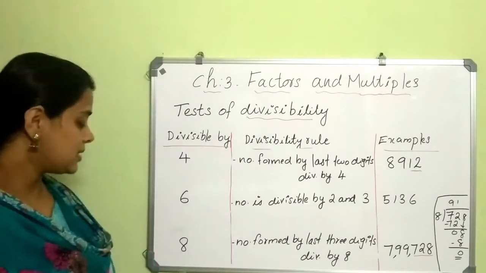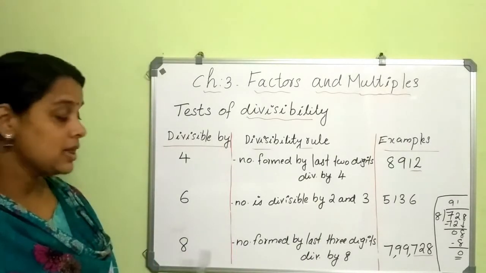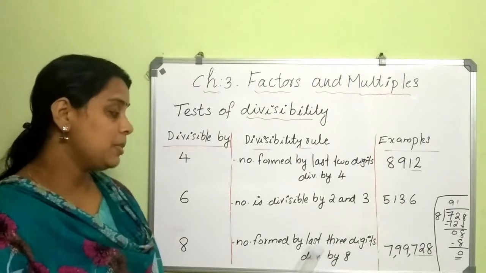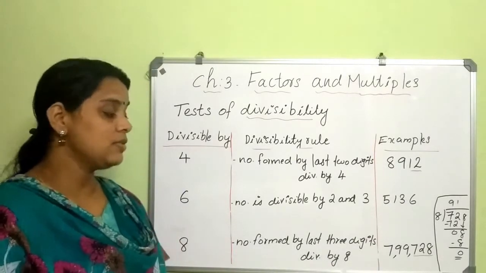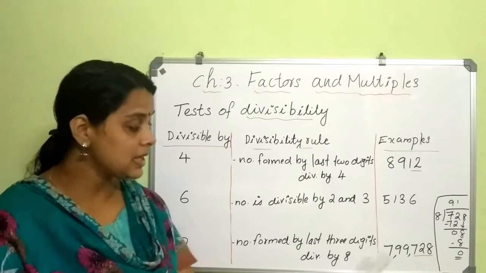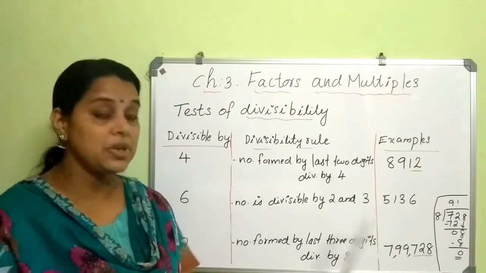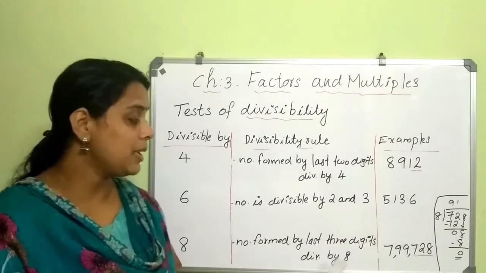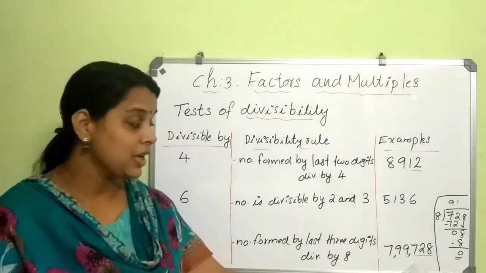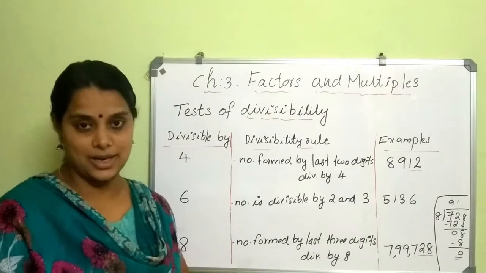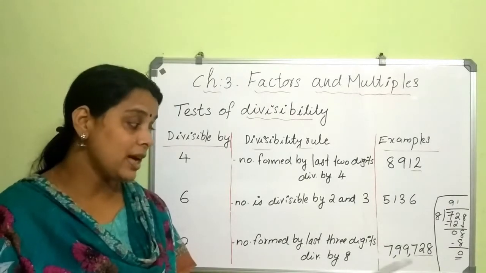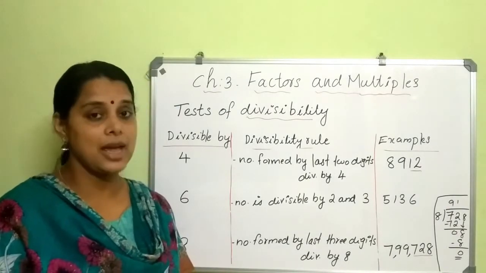See, next is divisible by 8. The rule is the number formed by the last 3 digits is divisible by 8. See the example here: 7,99,728. The number formed by the last 3 digits here is 728. We need to check whether 728 is divisible by 8 or not.